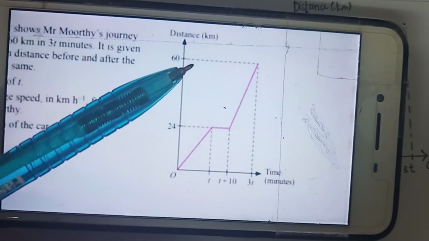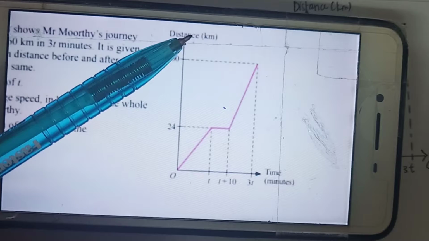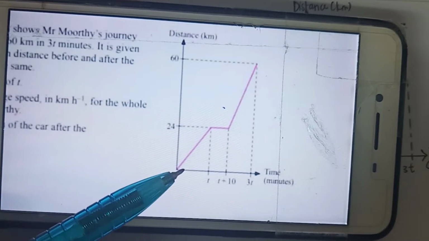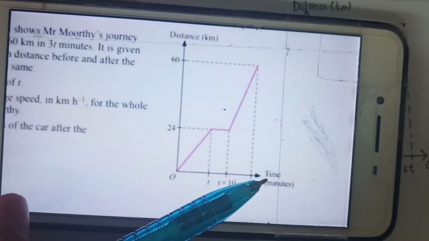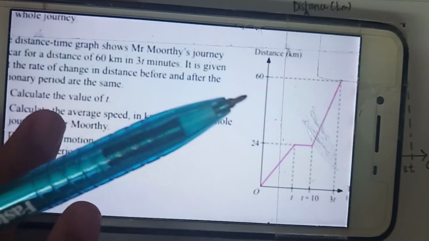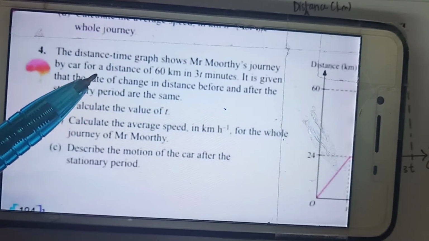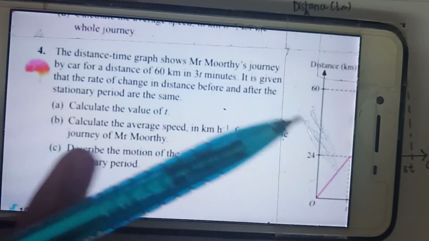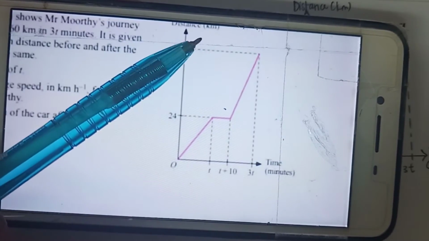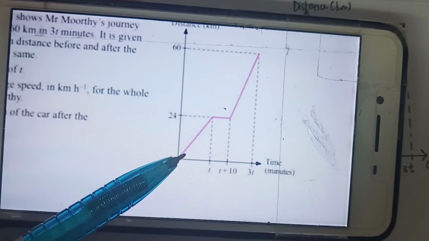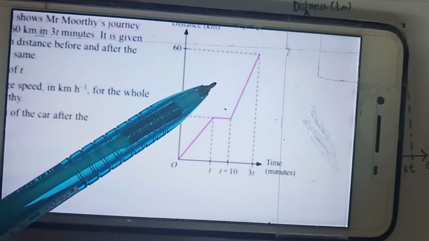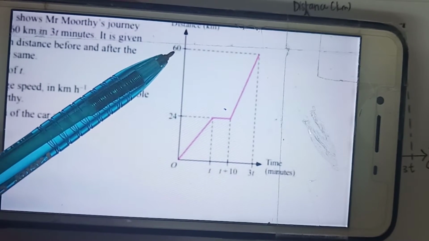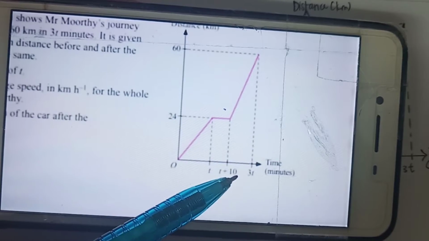Okay, so you have the distance in kilometers as the y-axis and time in minutes as the x-axis. Mr. Murthy's journey is 60 km in 30 minutes. So from the starting point until the finishing point, the distance is 60 km for 30 minutes.